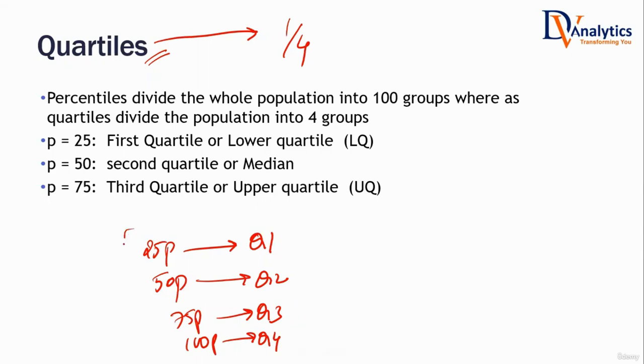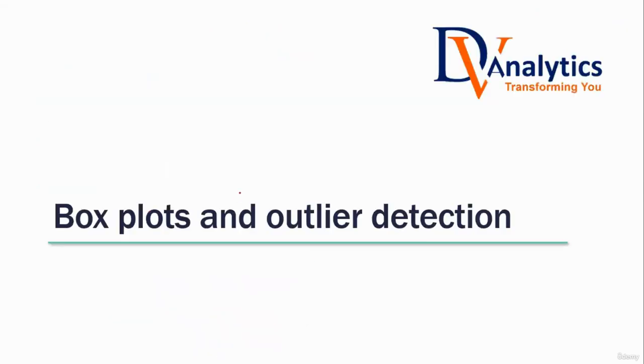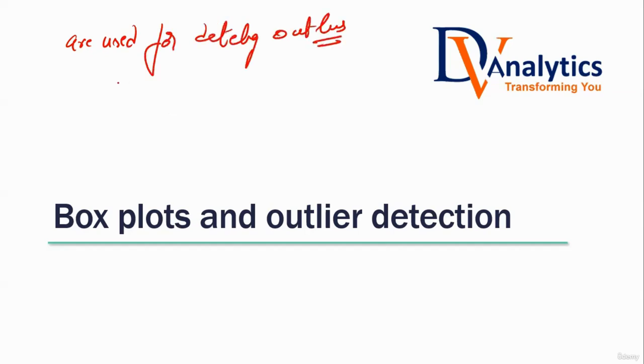Okay, nothing really special about this, but where do we use them? There is something called a box plot. A box plot is a visual way of detecting outliers. Box plots are used for detecting outliers. They give you a visual representation of the distribution of the data.